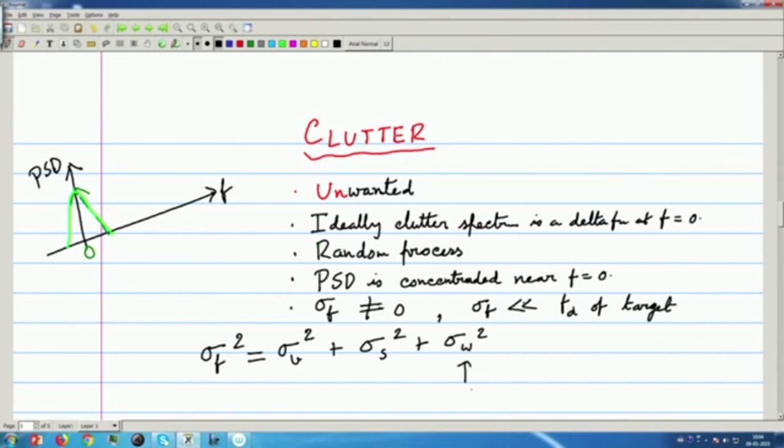So, I will say that this is the contribution of the wind velocity that will make this clutter spread, then this is antenna motion.